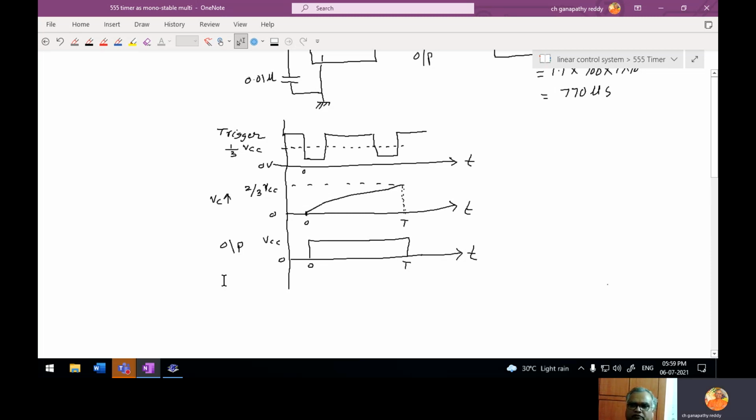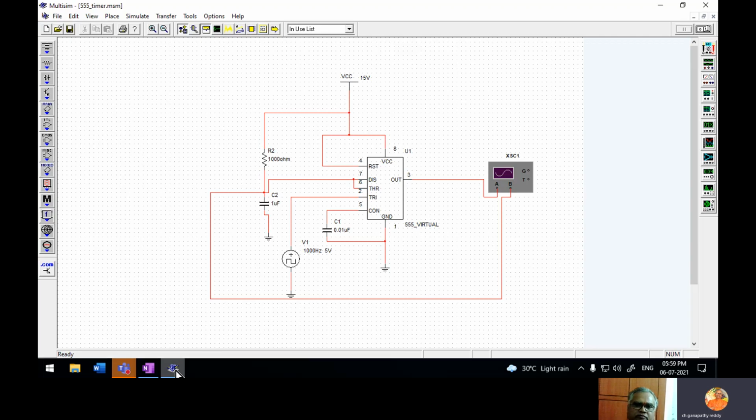Now let us see the simulation part. The circuit is already connected. Here I am applying a square wave, a trigger waveform, to terminal 2, the trigger, with 1K and 5 volts. Between 5 and 1 a capacitor is connected.